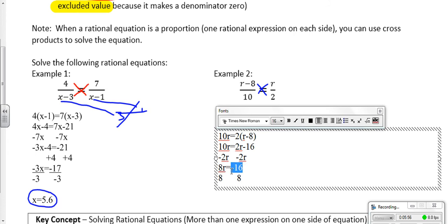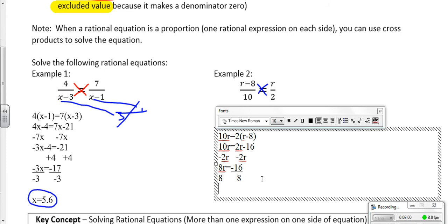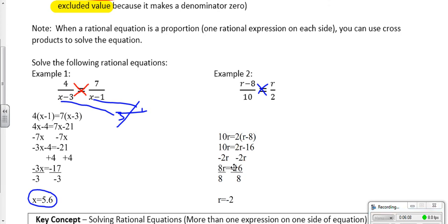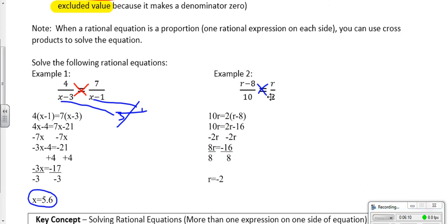So I'm just putting it underlined here so it looks like division. And we have r equal to negative 2. Now, the denominators in both fractions are constants. There's no variables, so there will not be any excluded values when you have just constants. It's when you have a variable that you have to be careful about. So r works.